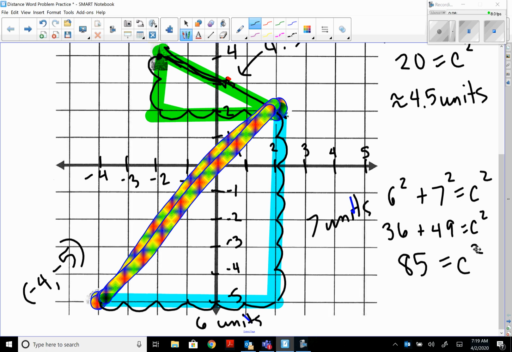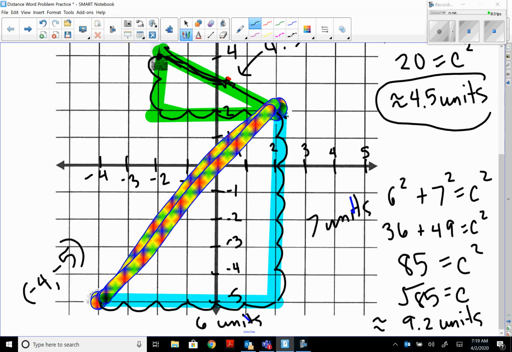Now I'm going to take the square root of that. And since it's not a perfect square, go ahead and round your answer to the nearest tenth. And I got approximately 9.2 units. So the distance between Houston and Australia is approximately 9.2 units.